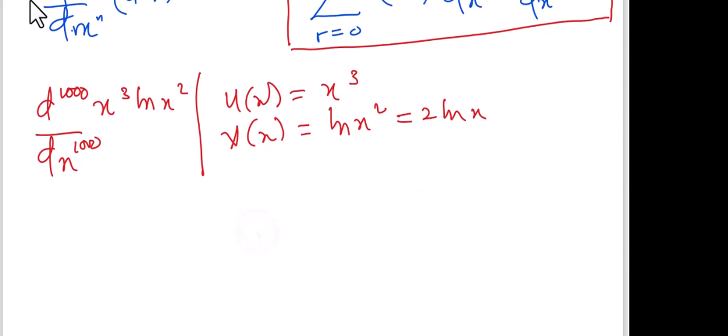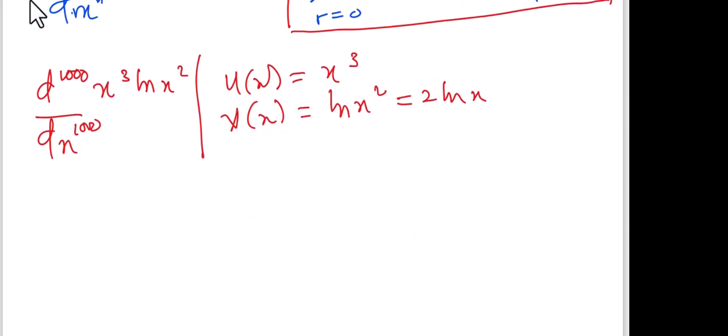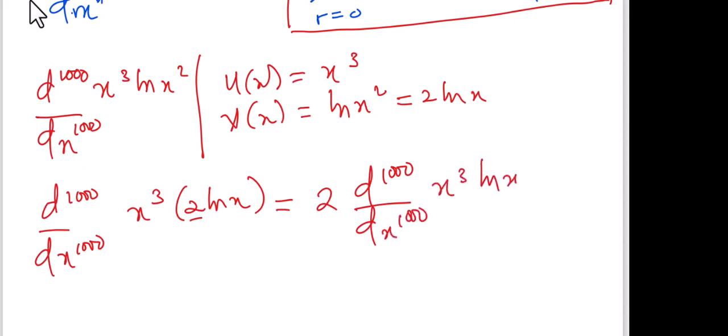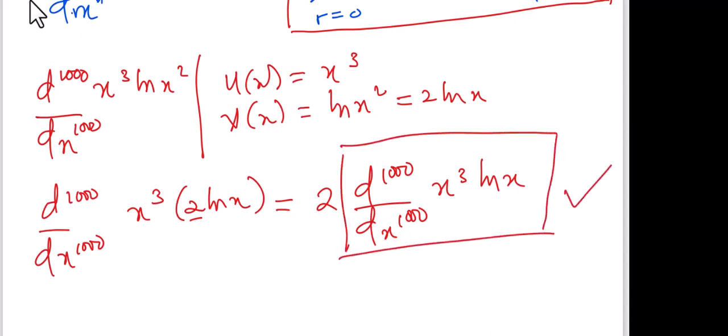So we can write this as d 1000 over dx 1000 of x cube times 2 ln x, but this 2 is a constant. We can just write it as 2 outside, d 1000 over dx 1000 of x cube ln x.